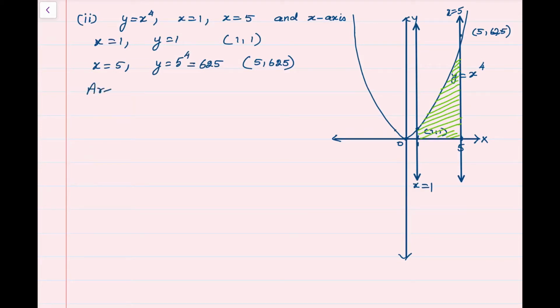Therefore, the required area is, we will do integration with respect to the variable x. The limits for x variable are 1 and 5. Y from the curve equation is x power 4.